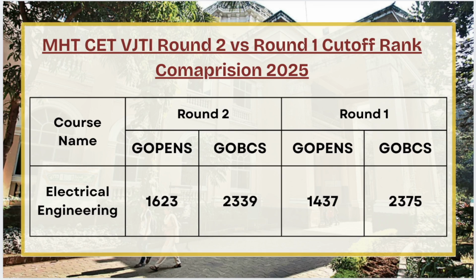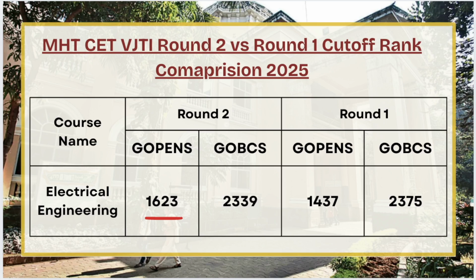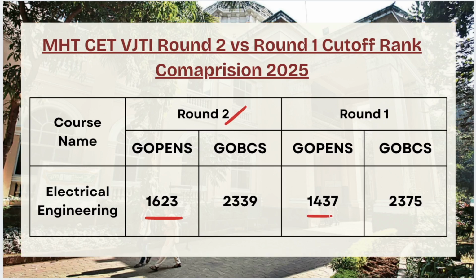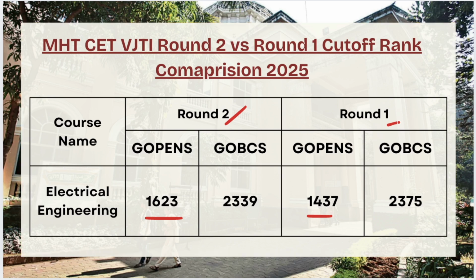Moving ahead we have Electrical Engineering. As you can see on screen, for G Open category the cutoff rank was 1623 for Round 2 counseling, whereas for Round 1 the cutoff rank was 1437. So there is a clear change in the Round 1 to Round 2 cutoff for Electrical Engineering, whereas in GOBC category you can see again there is a very slight change.